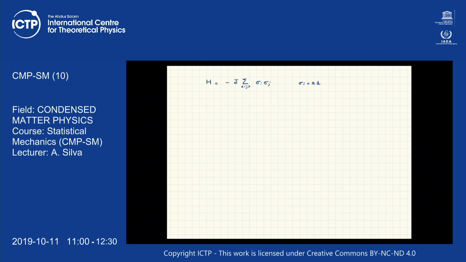Because of the presence of interaction, you will have correlations between different spins. The correlation functions are going to be non-trivial, and so on and so forth. I'm going to teach you ways to solve this kind of problem, essentially in one dimension and in generic dimensions, using something called the transfer matrix. And then we are going to move on with other models, Potts models, etc.